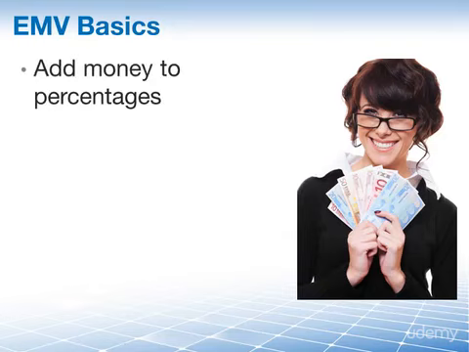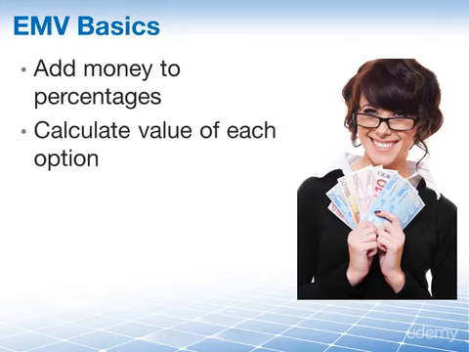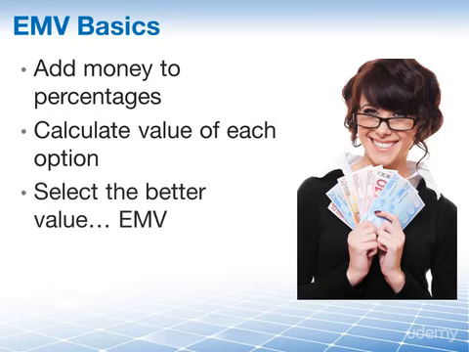But now let's go ahead and add money to these percentages, because if you could somehow determine precisely what income you could create as a result of selecting one project over another project or one option over another option, you could then select the best one, simply by choosing it based on the highest value.